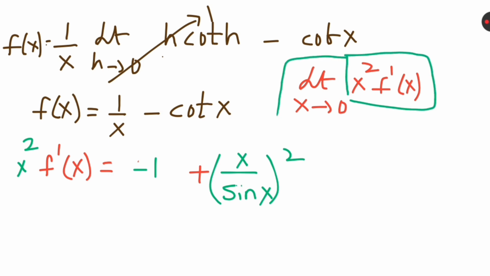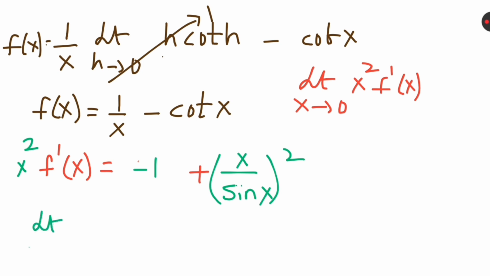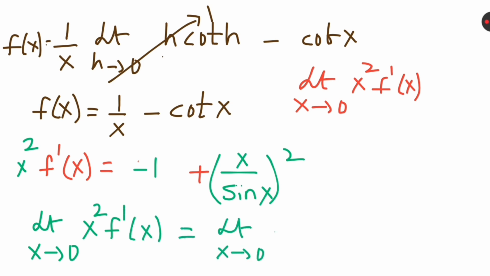Now we need to take limit x tends to 0. So let's take limit x tends to 0 x power 2 f derivative of x. So that is equal to limit x tends to 0 minus 1 plus limit x tends to 0 x over sin x whole raised to power of 2.